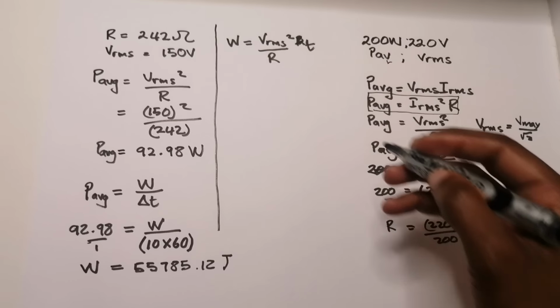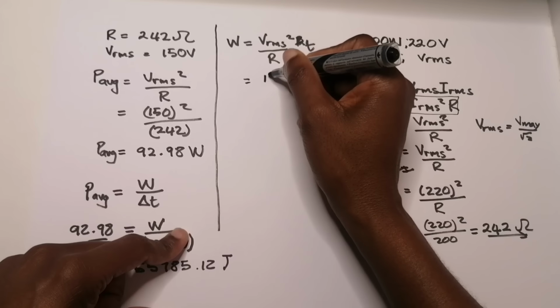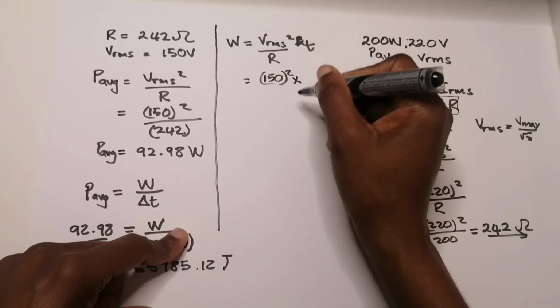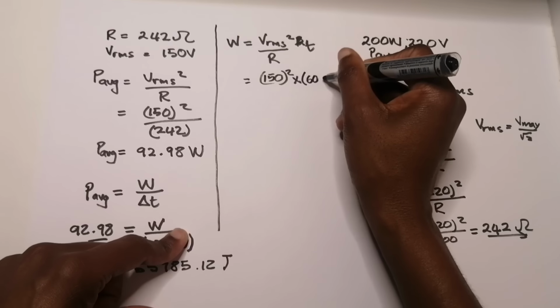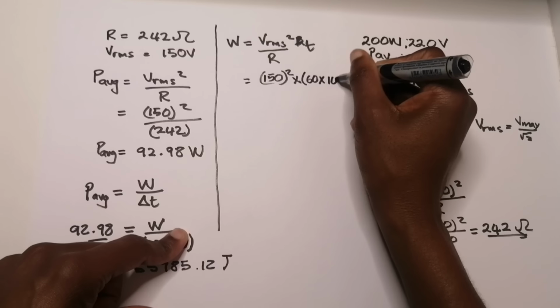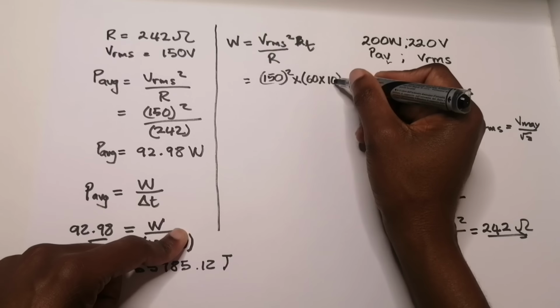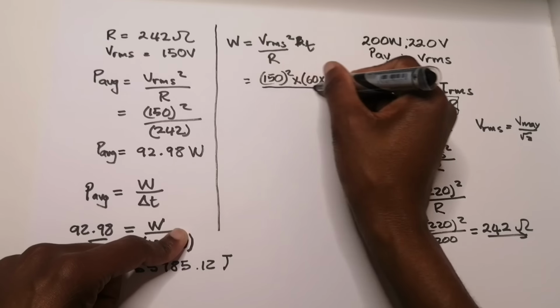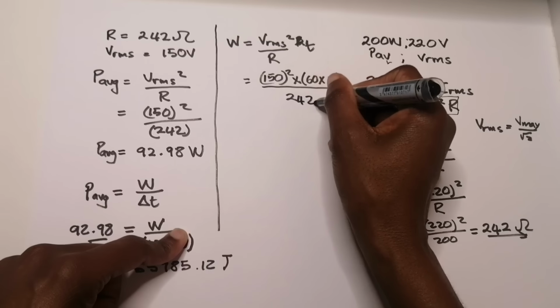So I could have just gone straight there and said, well, I've got my VRMS, that's 150 squared, multiplied by the time, which is 60 seconds, but I've got 10 minutes that I'm given. So 1 minute is 60 seconds, so 10 minutes times 60, divide that by the resistance, which is 242.